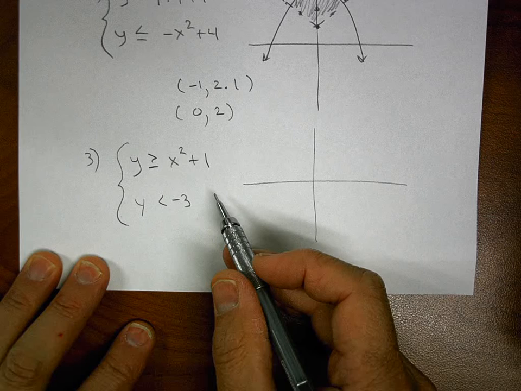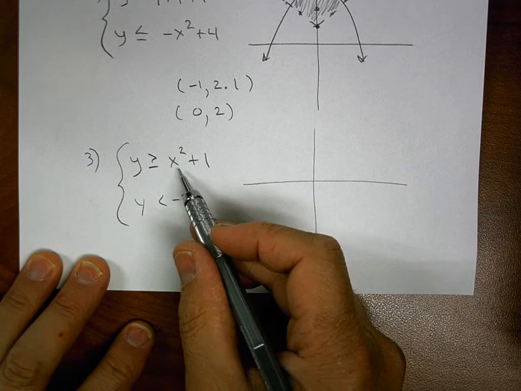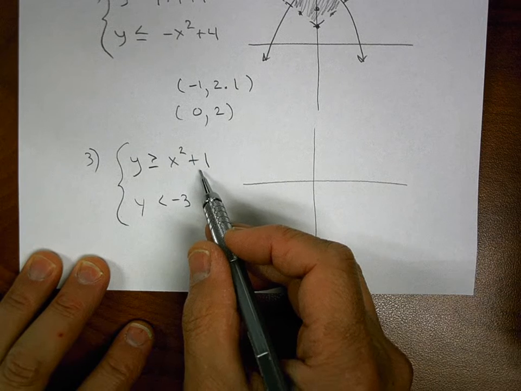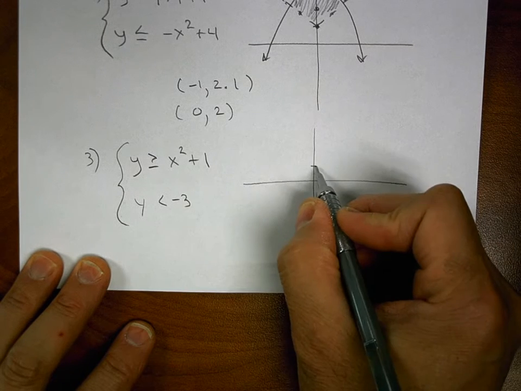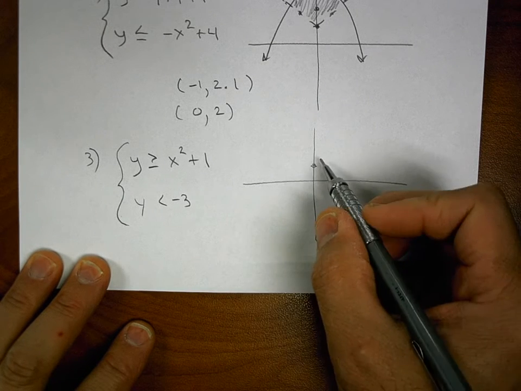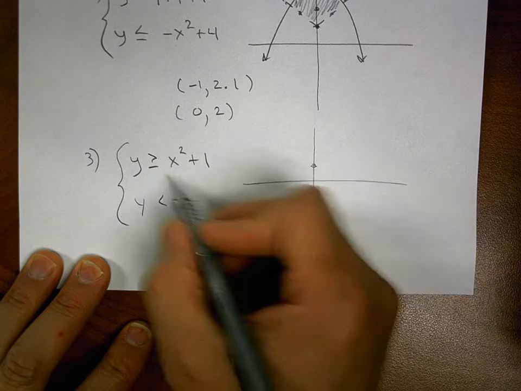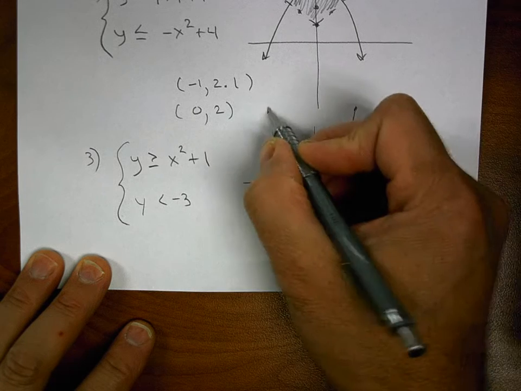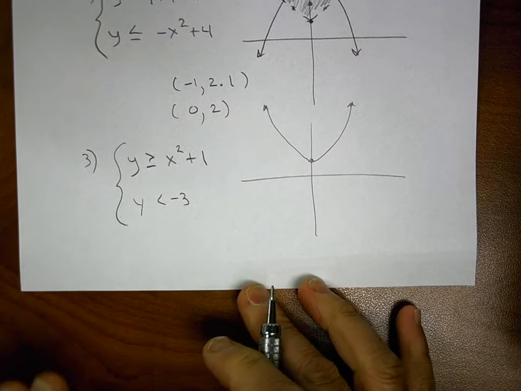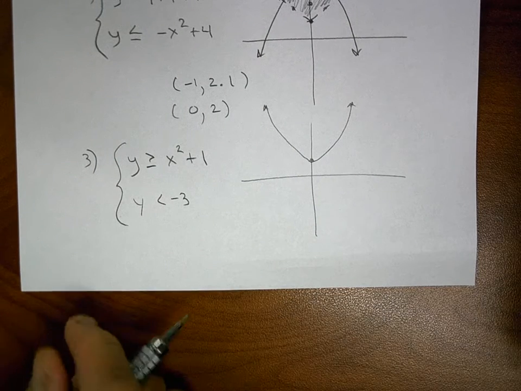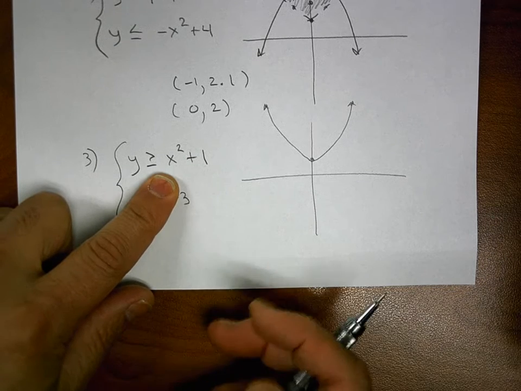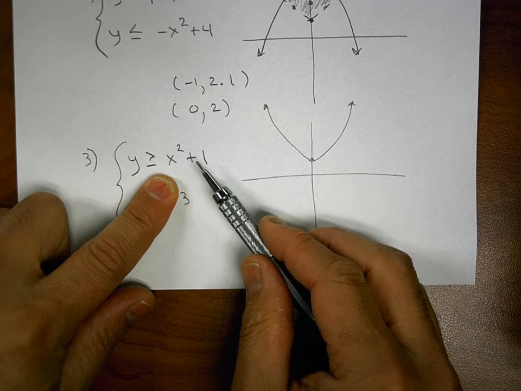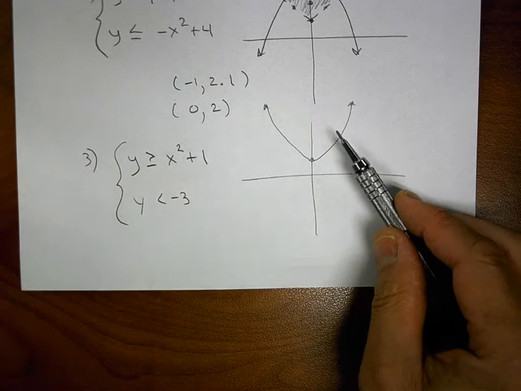Okay, how does it shift? Just up 1, right? 0 left and right, up 1. Here it is. Does the parabola open up or down? Opens up, positive. So it looks like this. There we go. Quick sketch. So we're not going to shade it yet, but y is greater than the parabola, above or below? Above.